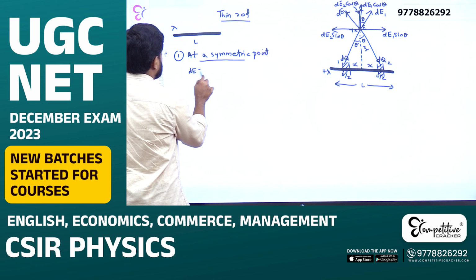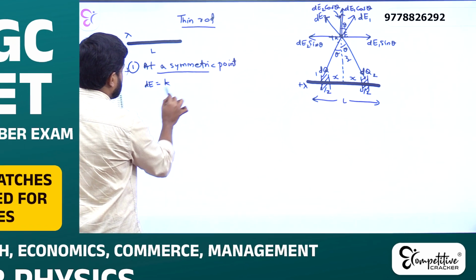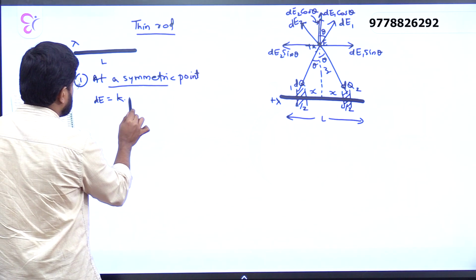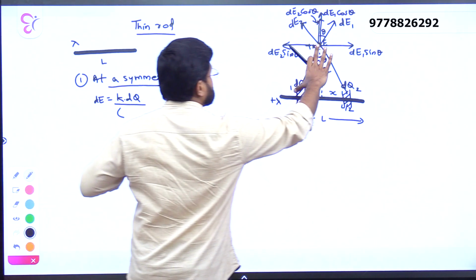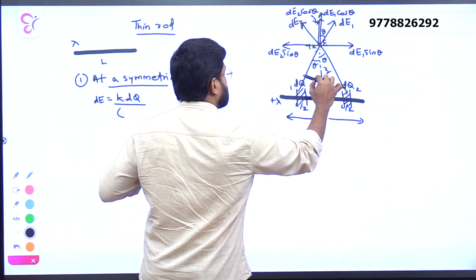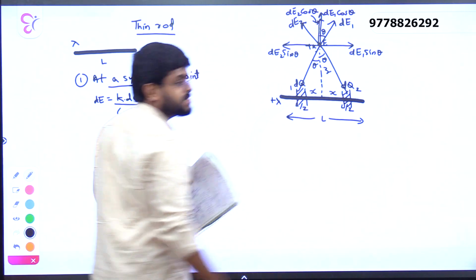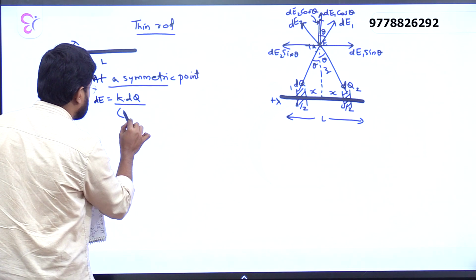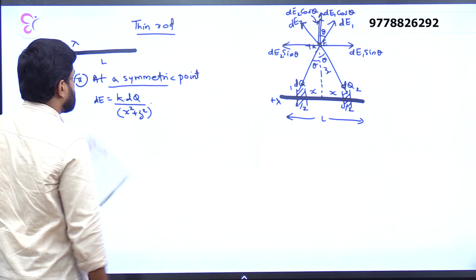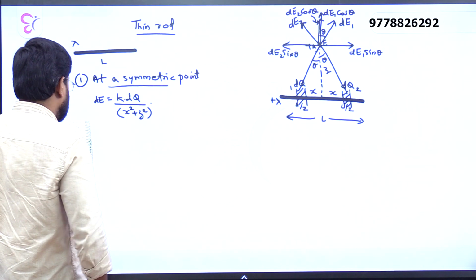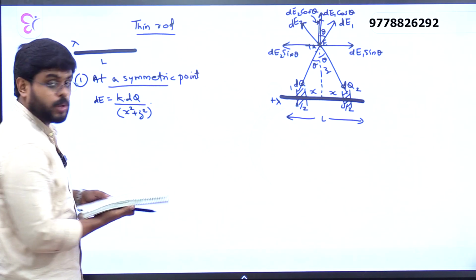Clear? So you can write dE as k, which is 1 by 4 pi epsilon 0, into dQ divided by the distance squared. This distance is under root x square plus z square, so when you square that, it will be x square plus z square. So dE is k dQ divided by x square plus z square.